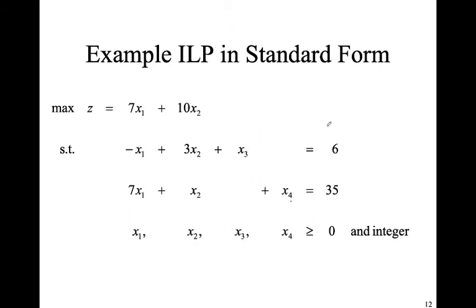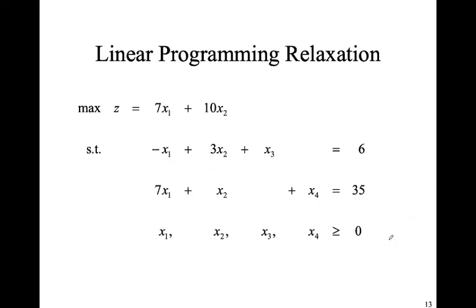So now you can see both less than or equal constraints have been converted into equalities. Now this is the standard form, and according to Gomory cutting plane, we have to forget about this integrity constraint. Consider this as a simple linear programming problem. So we have removed this constraint, and now it looks like a simple linear programming problem and we can solve it by using the simplex method.